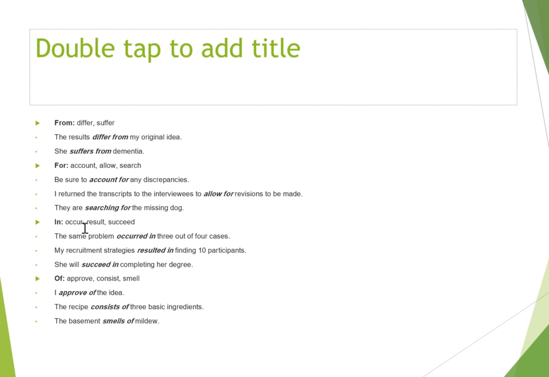In, used with occur, results, succeed. For example, the same problem occurred in 3 out of 4 cases. My recruitment strategies resulted in finding 10 participants. She will succeed in completing her degree.